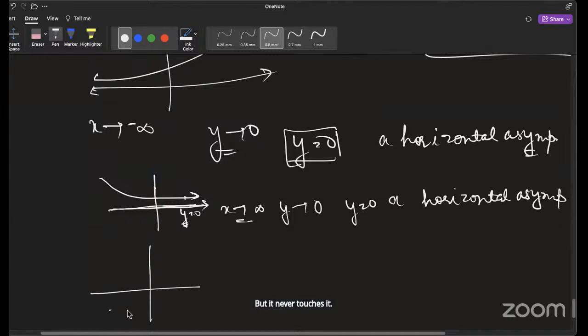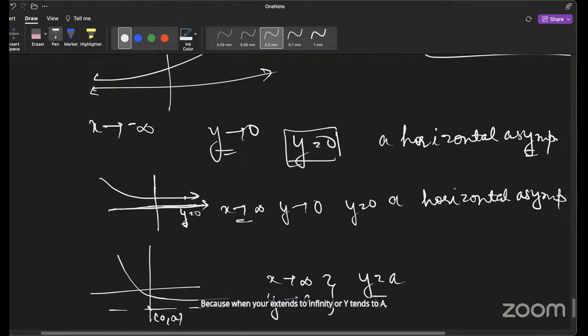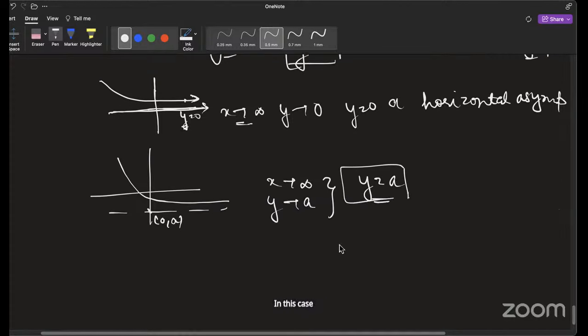If this one is like this, then let's say this point is 0 comma a. Then what's the horizontal asymptote here? A. Yeah, y equals a, because when your x tends to infinity, your y tends to a. That means y equals a is a horizontal asymptote in this case. So these are horizontal asymptotes.